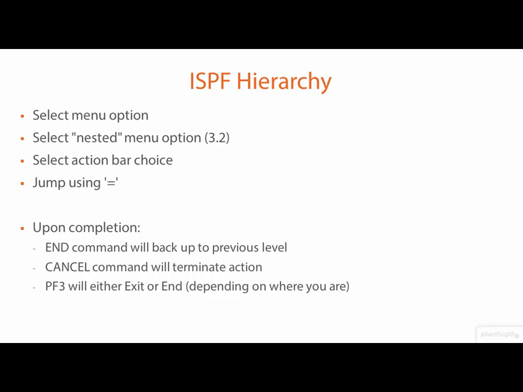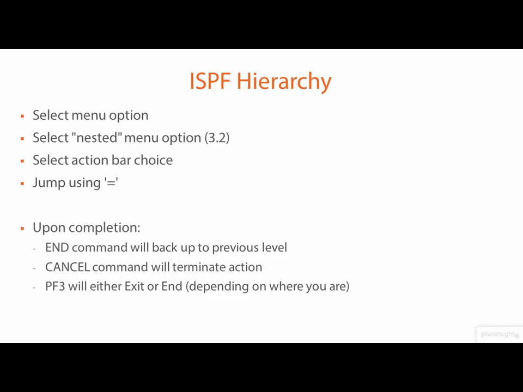When we are in a panel, we can also jump to another panel directly through the use of an equal sign. The equal sign basically allows us to go from an existing panel into a new panel, where the equal sign represents that we are branching back through the primary menu to get to our destination.